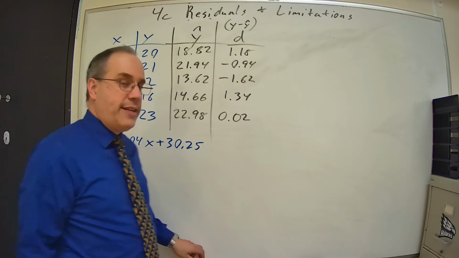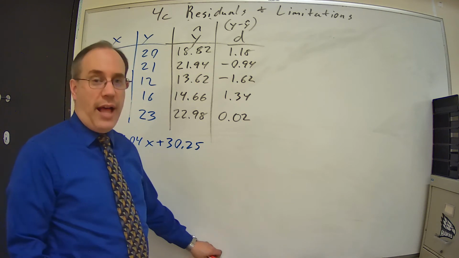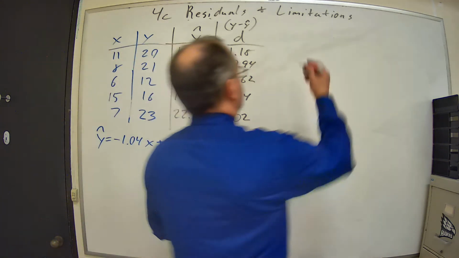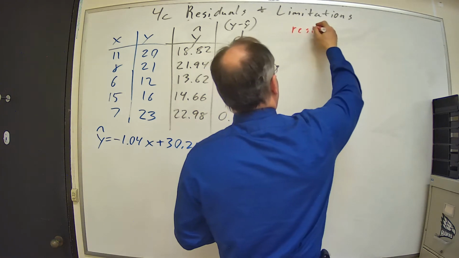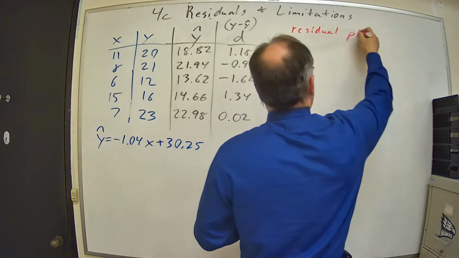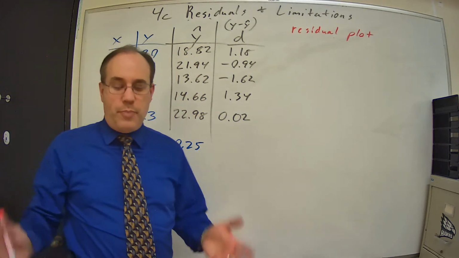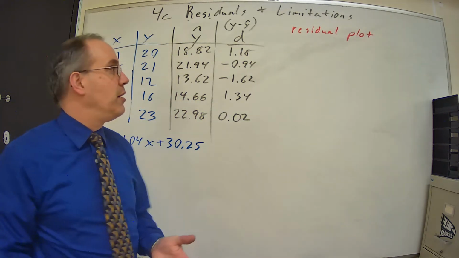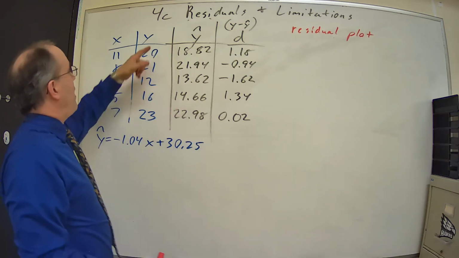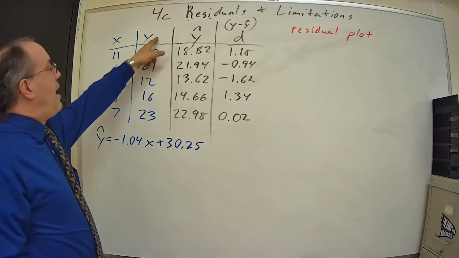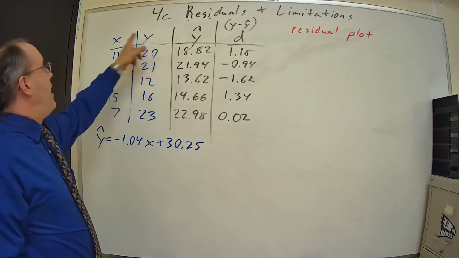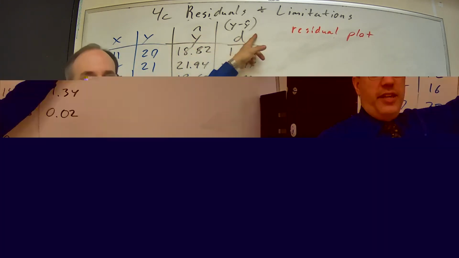So I want to create a residual plot. A residual plot is just a specialized scatter plot. Instead of plotting x and y, we're going to plot x and d, our residuals.